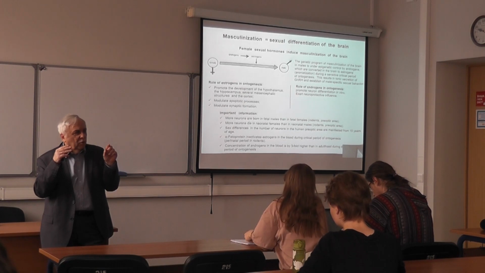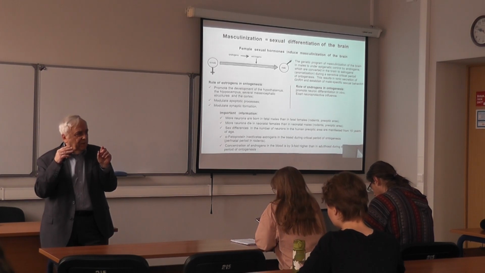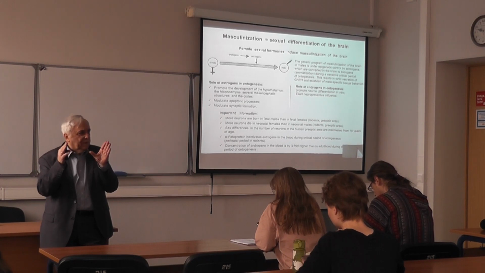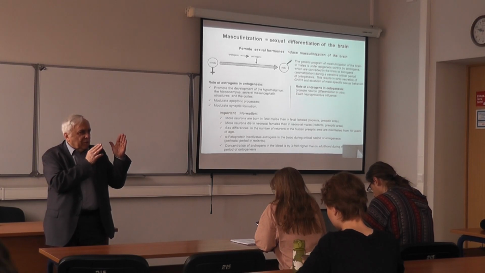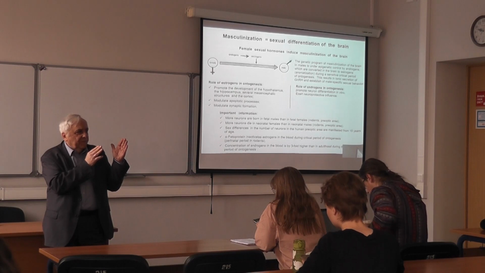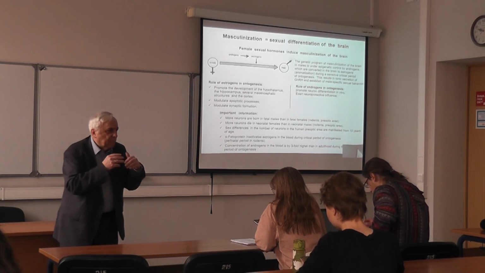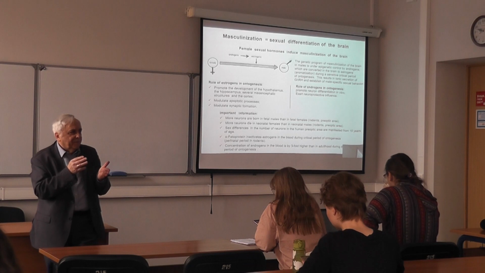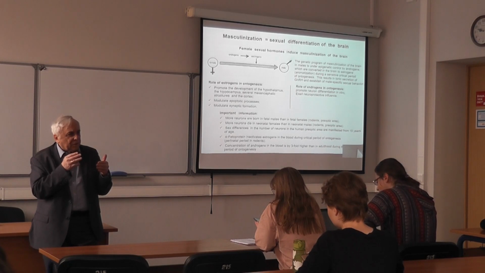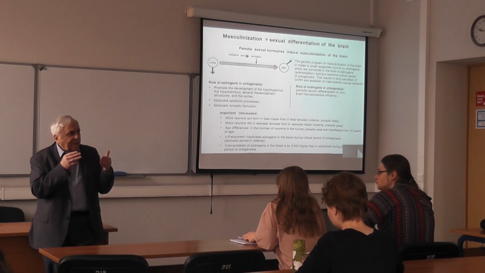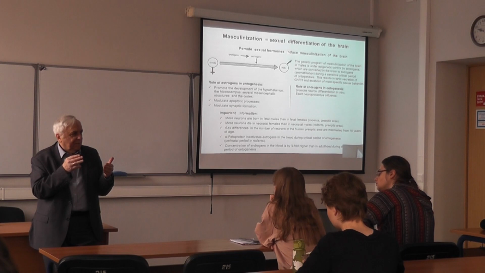So it binds estrogens in the bloodstream, and in this complex, it cannot be delivered from the bloodstream to the brain. Understand? Well, but on the other hand, in males, the brain is masculinized by estrogens. How does it happen?